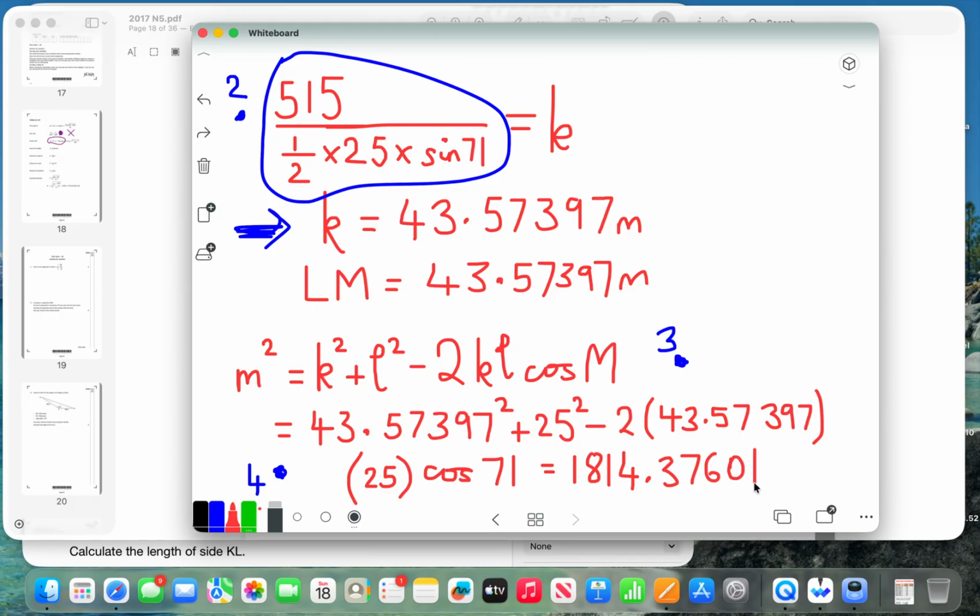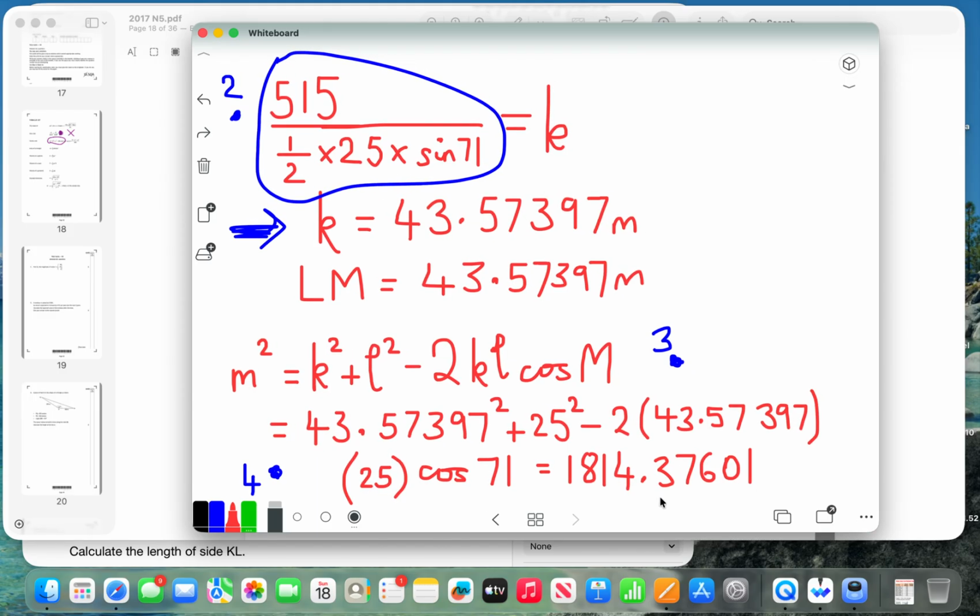But to find m, we want to then find the square root of all of this. So let's find the square root.